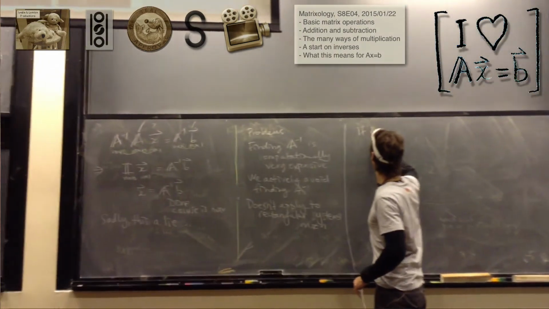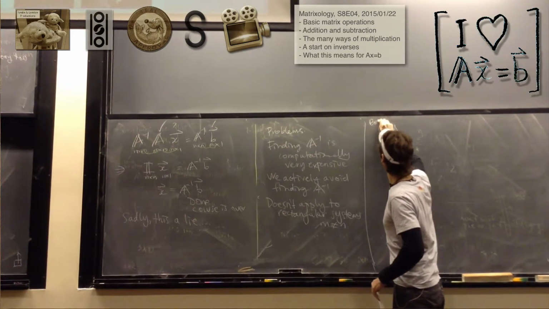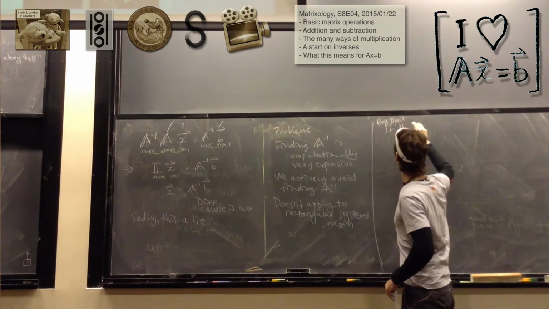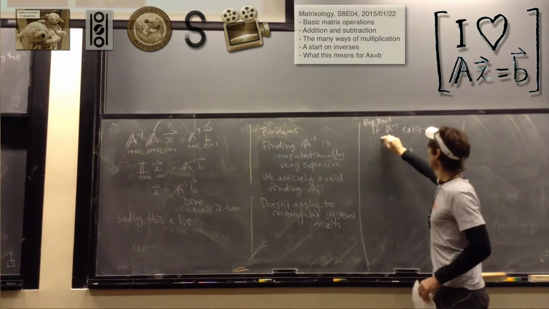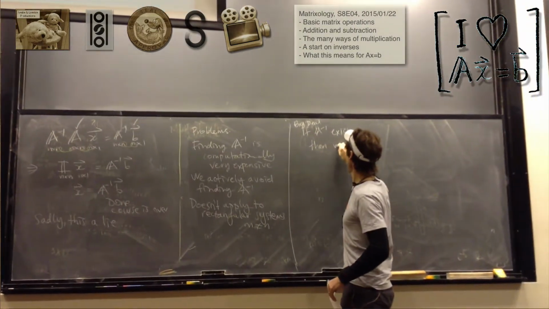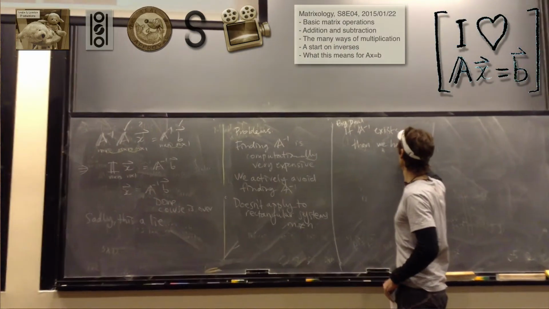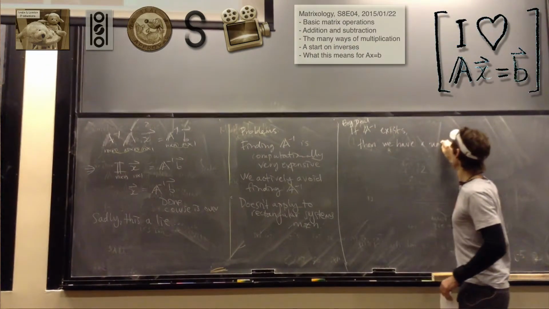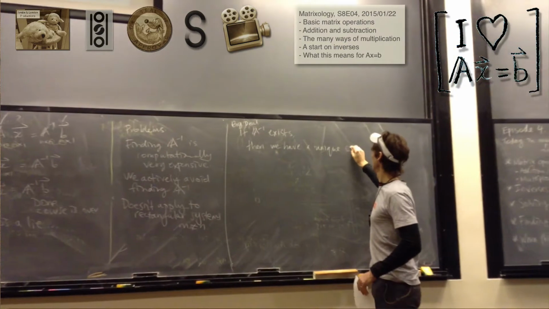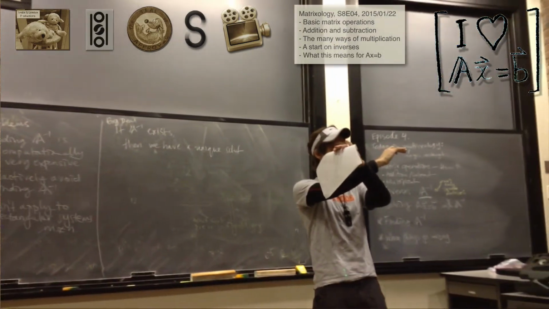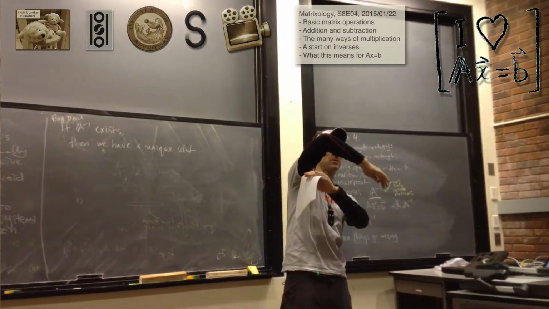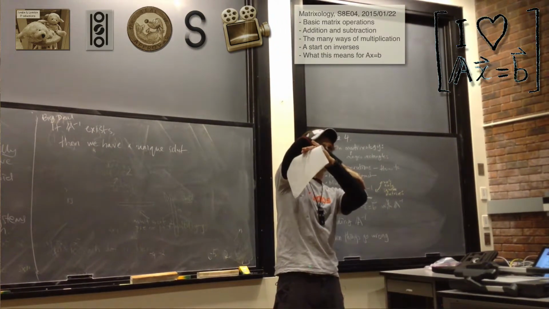So more big deals, and we'll finish with a big deal. If A to the minus 1 exists, this is just theory now, really, then we have a unique solution. So we started off with lines hitting each other means one unique solution. Parallel means there's no solutions. On top of each other means they're infinite.